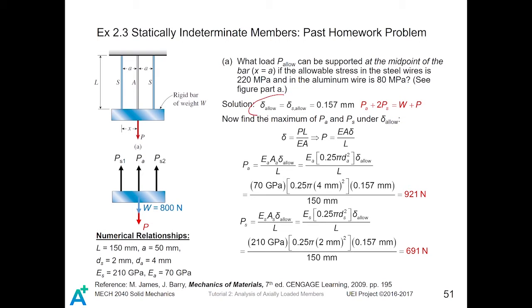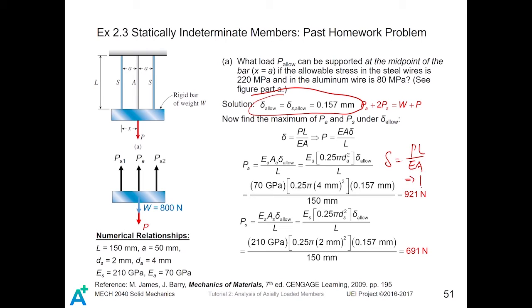As we know, the allowable change of length, the allowable deformation, is set to be 0.157 millimeters. It is the allowable deformation of steel. Therefore, we also apply this deformation to that of aluminum and the steel. For the allowable load of aluminum, P, we change the subject of the deformation formula, delta equals PL divided by EA.